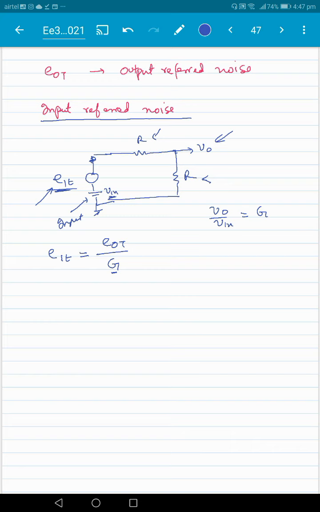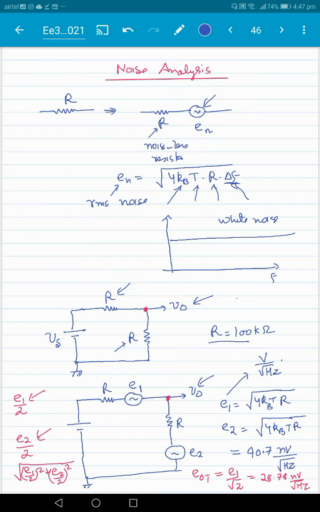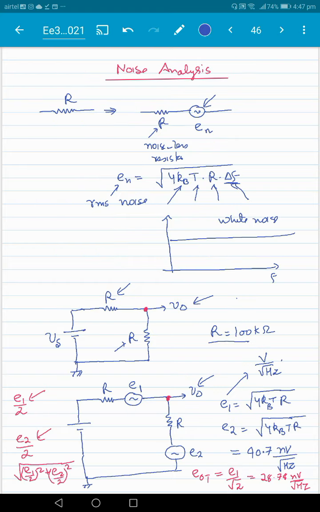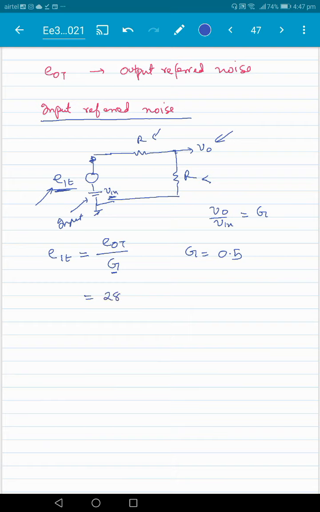So for our case, the gain of our circuit is nothing but 0.5, right? So input referred noise will become, if you recall, it was 28.78 nanovolt per square root hertz, and now we divide it by the gain, 0.5 here.